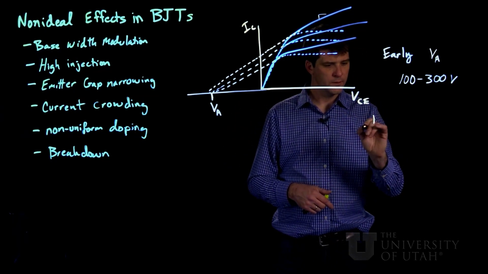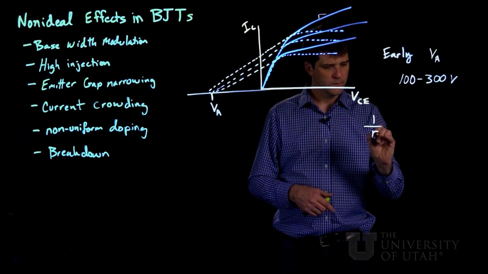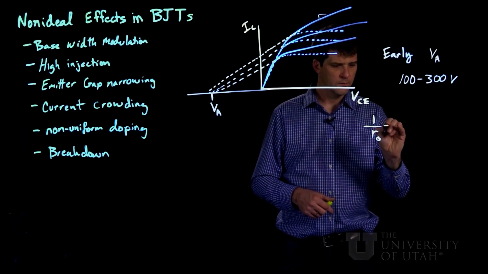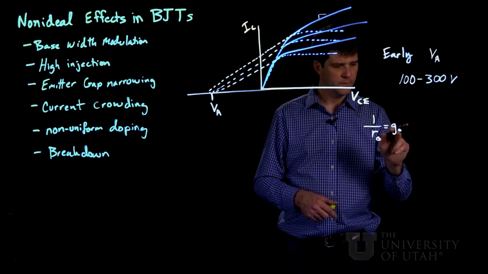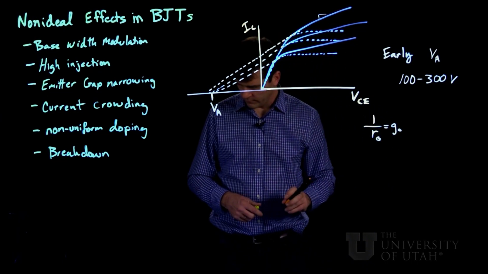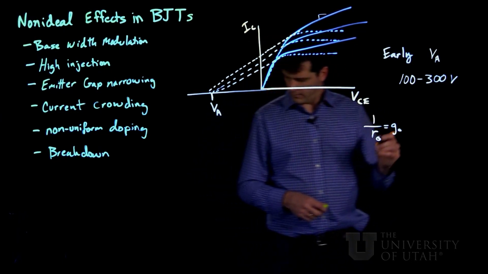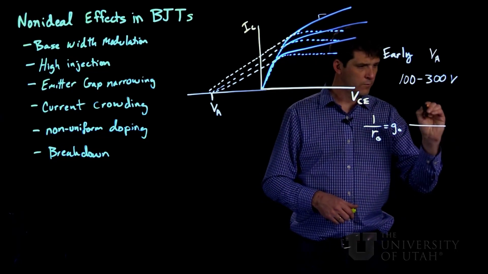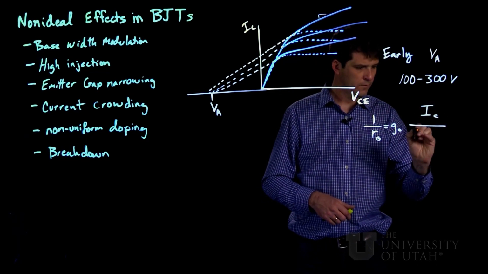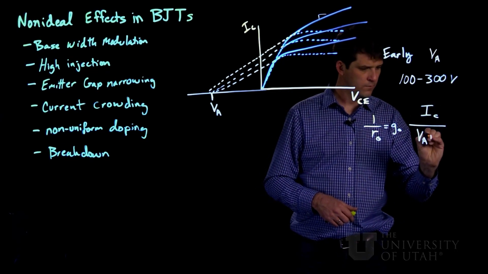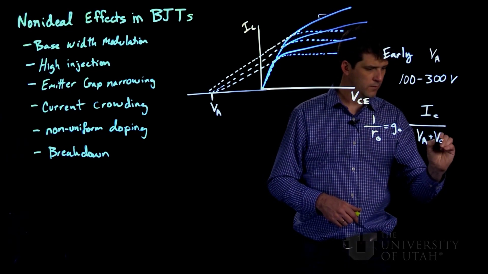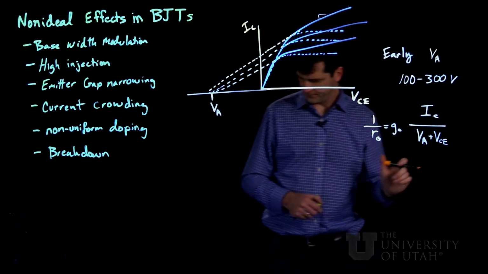So the output impedance, we can say, is 1 over r_o, and that's equivalent to a conductance. And this is going to be I_C over V_A plus V_CE here.